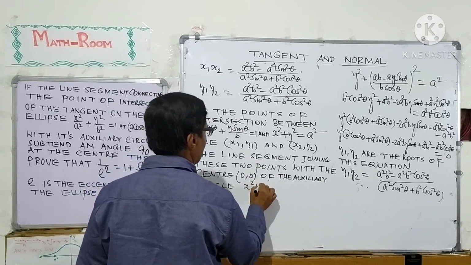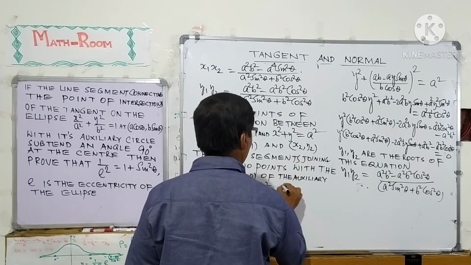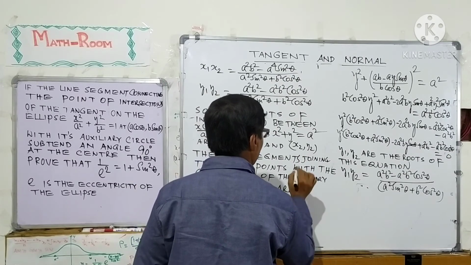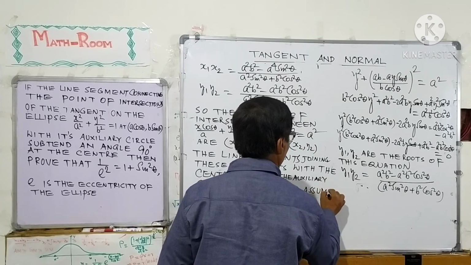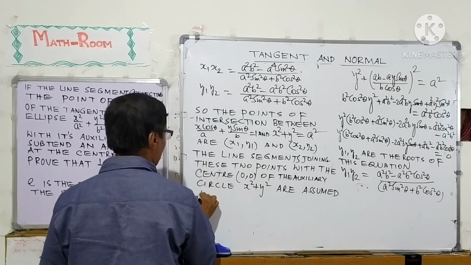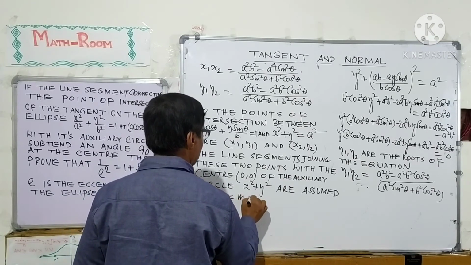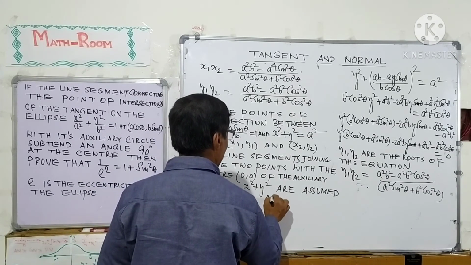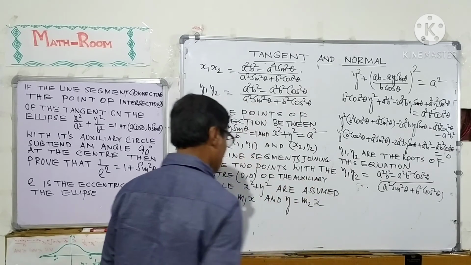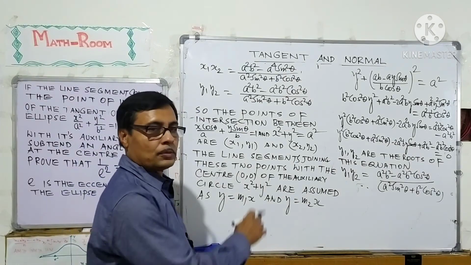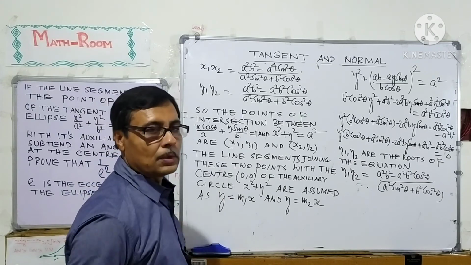The auxiliary circle is x square plus y square equal to a square. Assume the two lines are y equal to m1x and y equal to m2x, where m1 and m2 are the gradients of these two line segments.